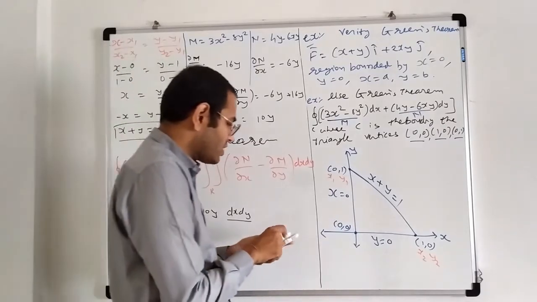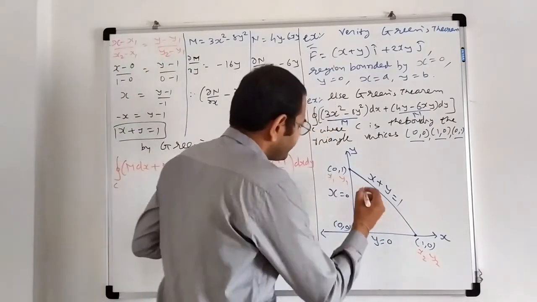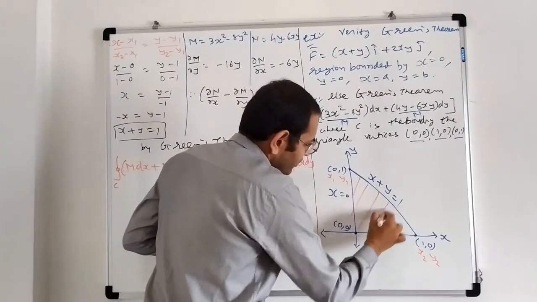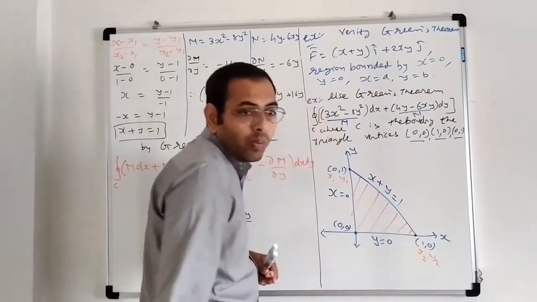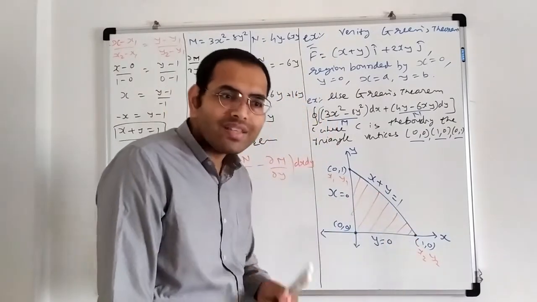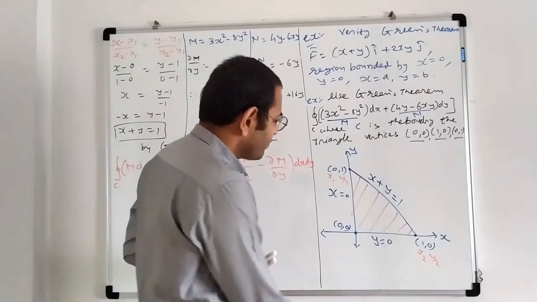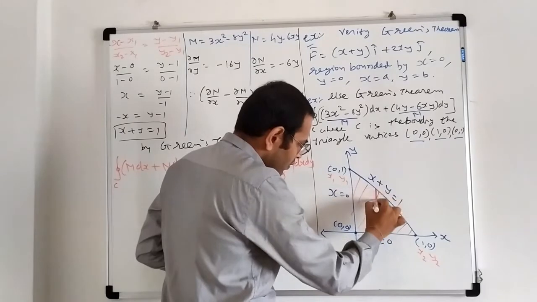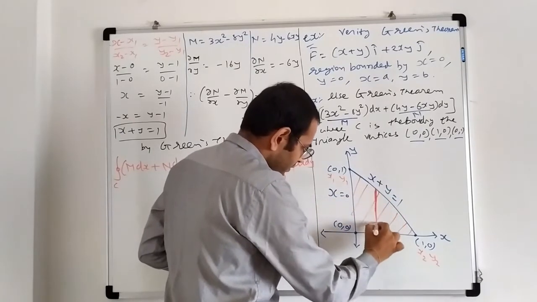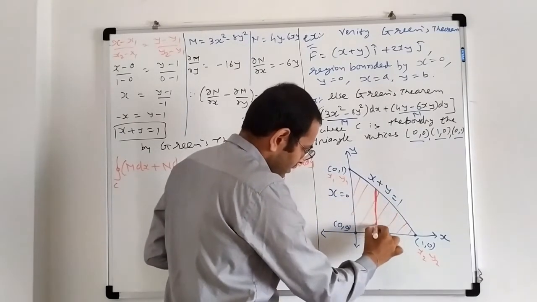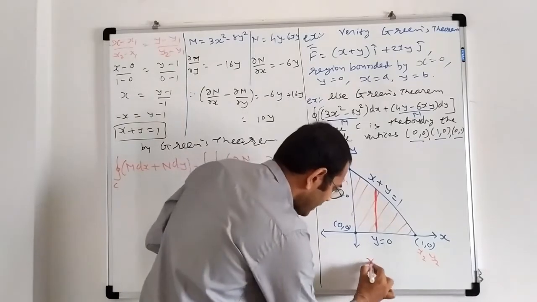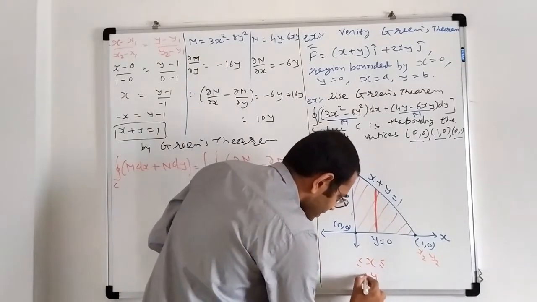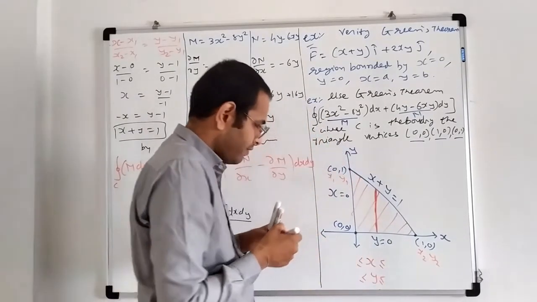And according to this result, we use a vertical strip as well as a horizontal strip. In this example, I use a vertical strip. We find the limit of x as well as the limit of y.